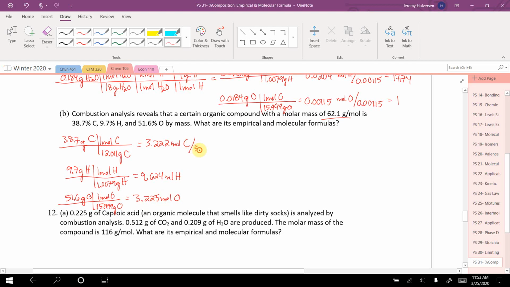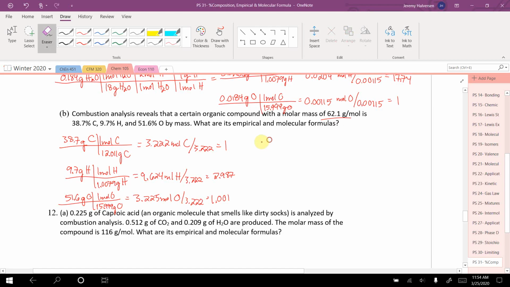Divide by my smallest, which is 3.222. That gives me 2.987, and this gives me 1.001. Okay, so these are pretty much whole numbers.